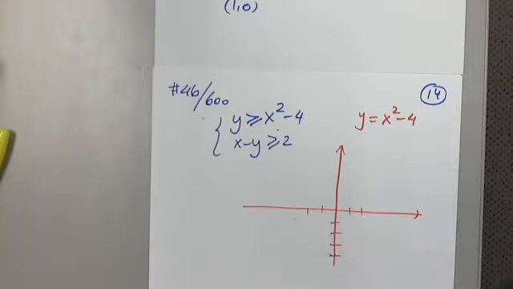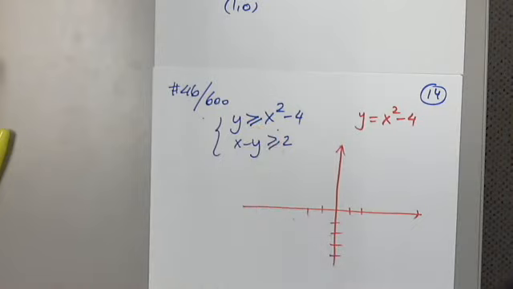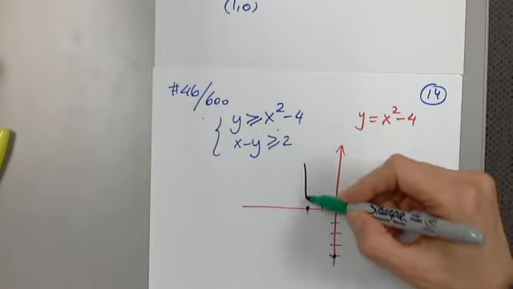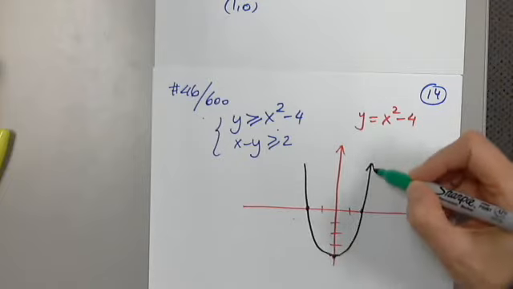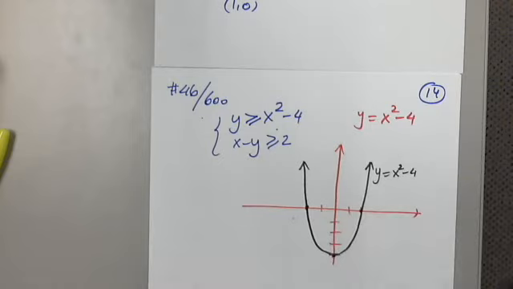We just remembered x squared and down 4. Okay, solid curve or not? Solid. Solid indeed. So this is y equals x squared minus 4.